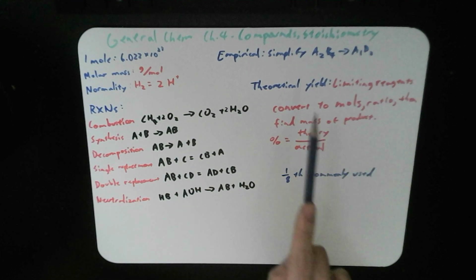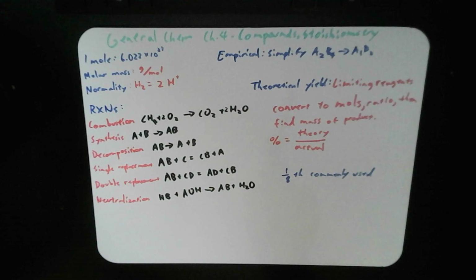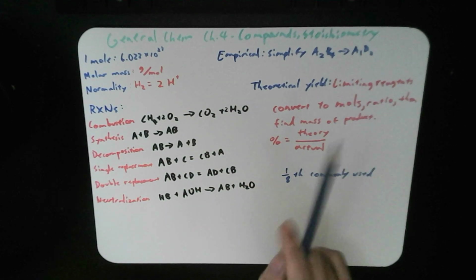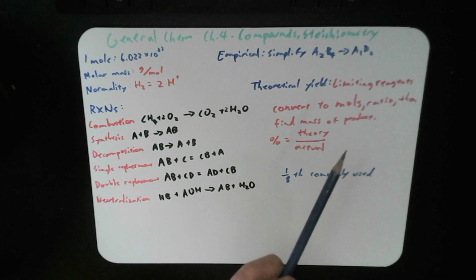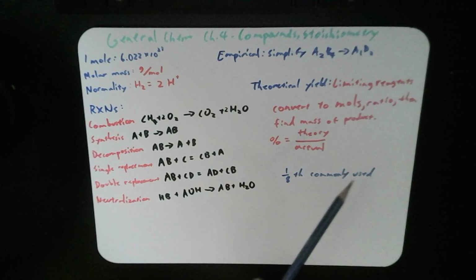Theoretical yield is determined by the limiting reagent, so whichever compound gets used up the fastest, and using the amount you have to generate what the product is. So let's say you have 5 cups of flour at home, but you only have half a cup of sugar.